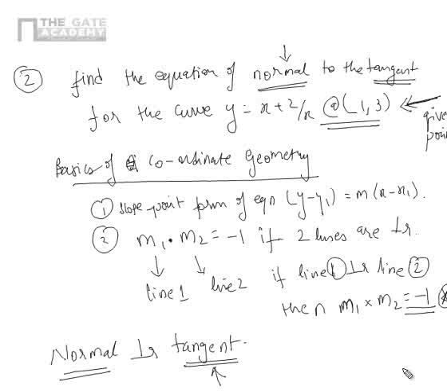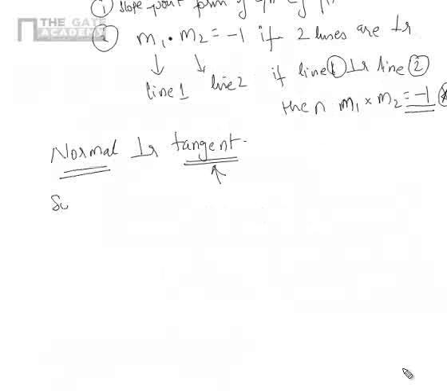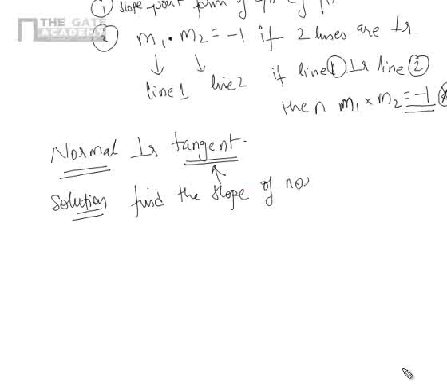Using the given point and the slope, I can find the equation of normal. Correct? So first, the problem solution starts with find the slope. Find the slope of what? Find the slope of normal. But I cannot find the slope of normal directly. For finding the slope of normal, follow the step-by-step process. We can easily solve the problem.